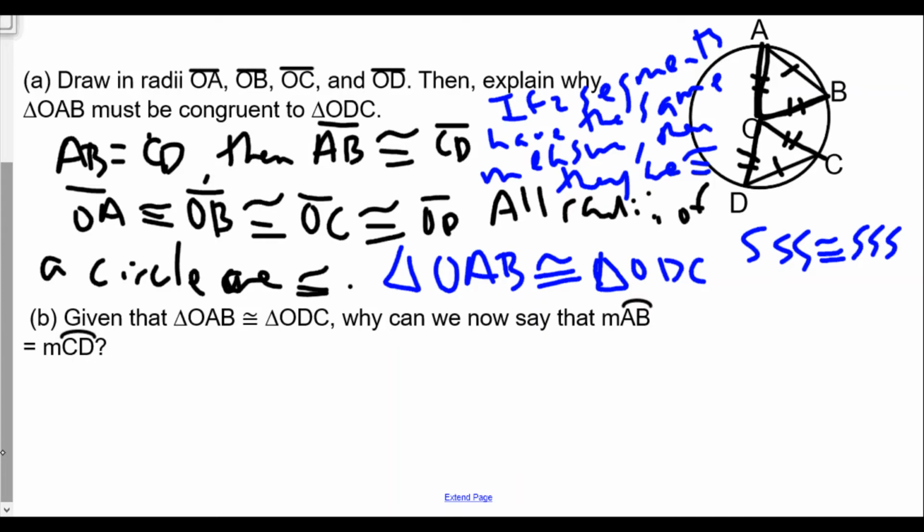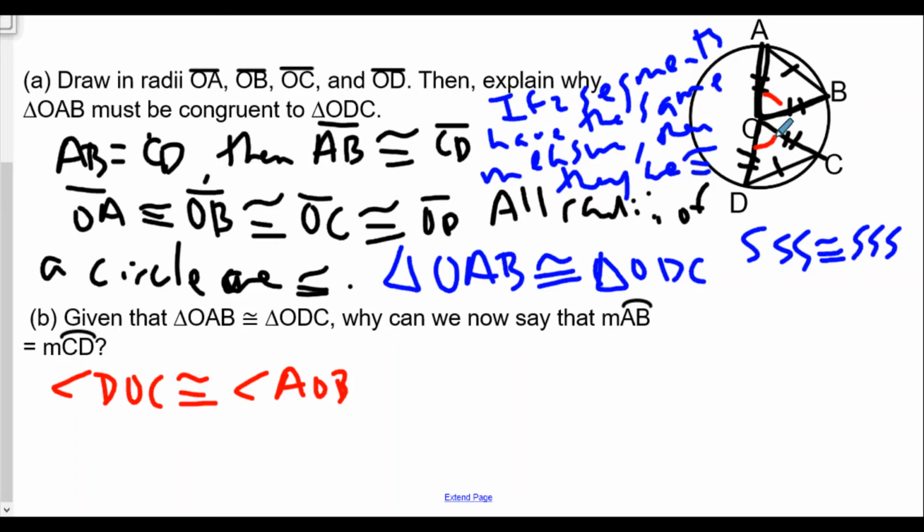Well, first off, we can make the statement here that angle DOC is congruent to angle AOB, because these two triangles are congruent.